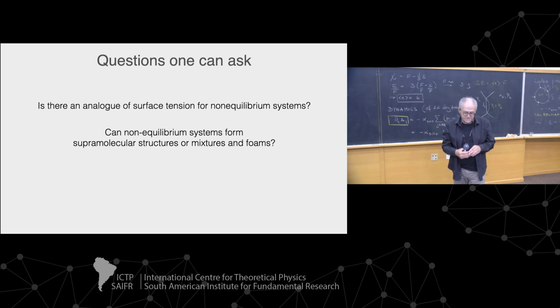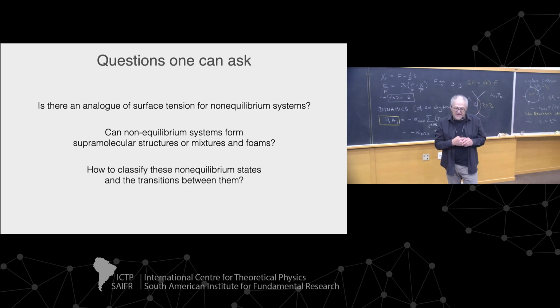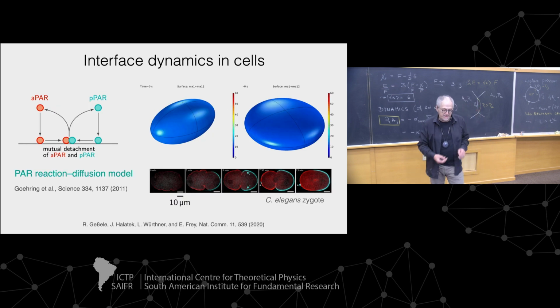Is that possible? And how would you classify these non-equilibrium systems and the transitions between them? And could you formulate similar laws as you see here? Could you formulate a Neumann law, a von Neumann law? Would they change? Would they be the same? So what are the mesoscopic laws that one can define or find for non-equilibrium systems? All right, so that's my question.